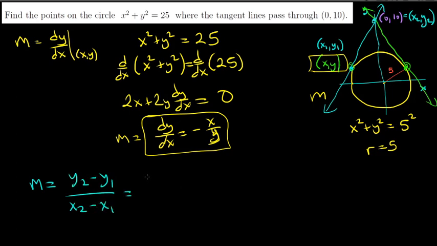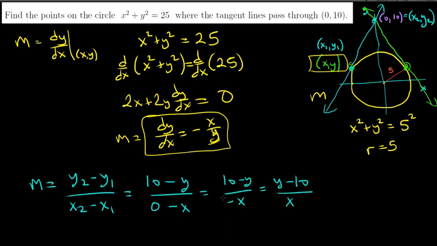Okay, so y2 is 10, y1 is just y, x2 is 0, and x1 is just x. So this will be 10 minus y over negative x, or I would prefer y minus 10 over positive x. Right, just bring the negative upstairs.